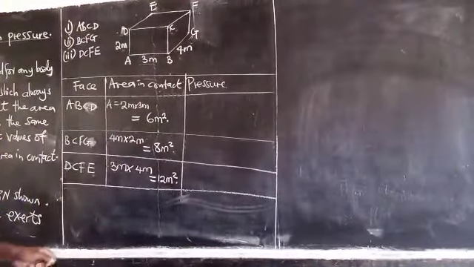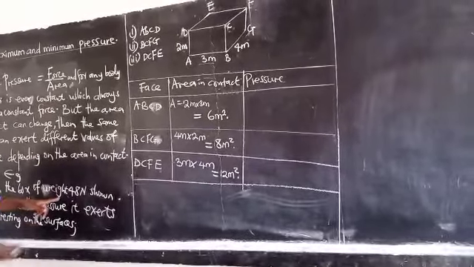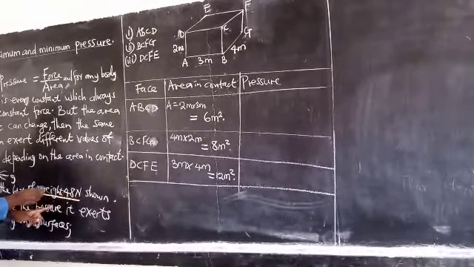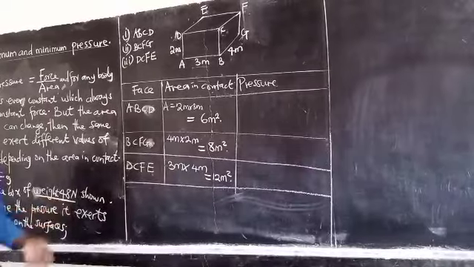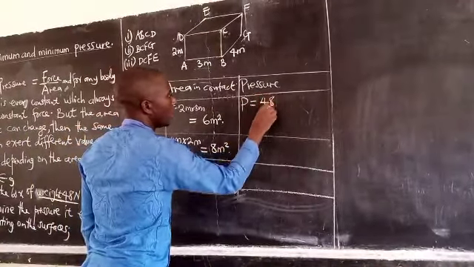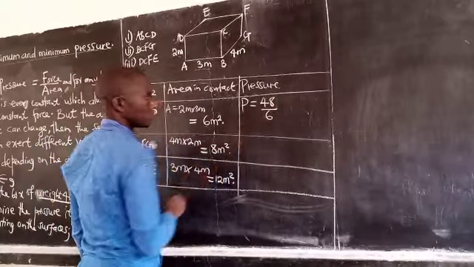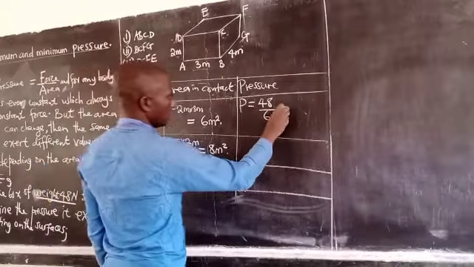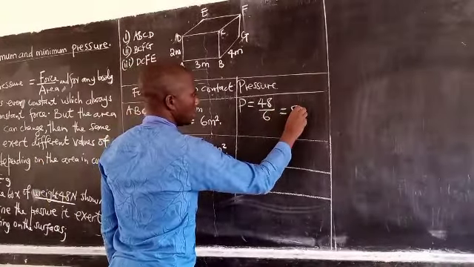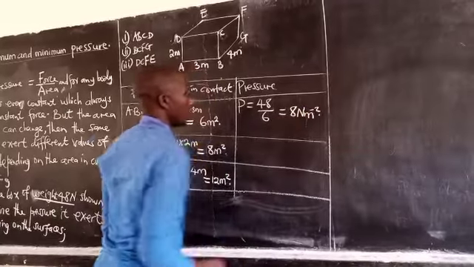Let's calculate the pressure. We are told that it has a weight of 48 newtons. The weight is the force. So the pressure here is 48 out of area 6. And this gives us 8 Newton per meter squared.